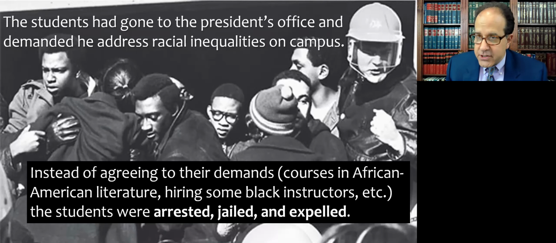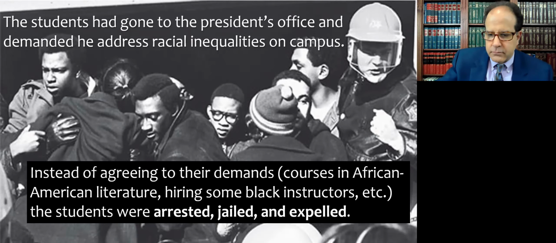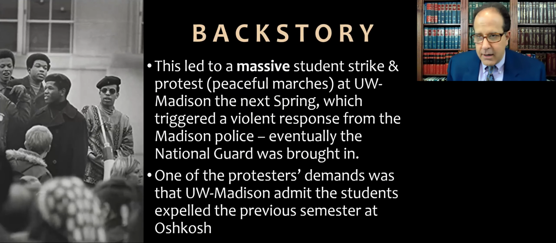And they had a list of suggestions and things like having a few courses. Maybe the college could offer some courses in African-American literature and history, or they could hire some Black instructors, which they weren't doing at the time, or at least not enough. And so instead of even agreeing to any of their demands, the university had them arrested and jailed and then expelled all of them. And Roth was upset.